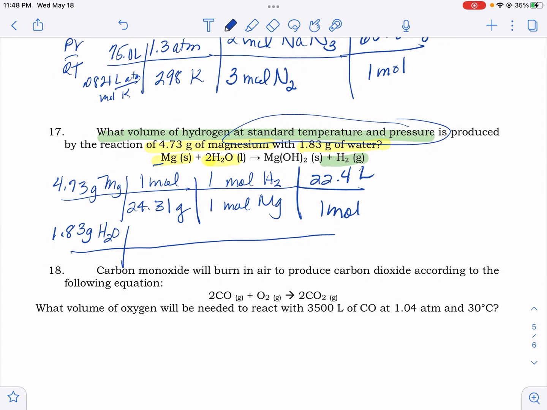Even though the other number is bigger, we wouldn't ever get there because we'd run out of the limiting one. Water's molar mass is 18 grams. The ratio of water to hydrogen, 2 moles of water to 1 mole of hydrogen. And again, it's at STP. So we set that up like that.